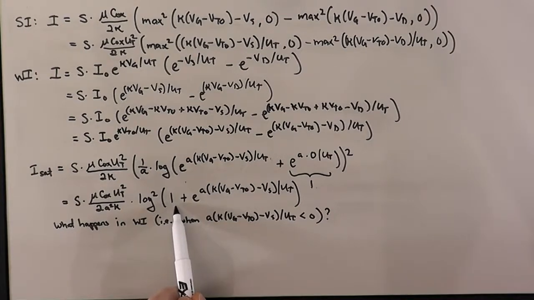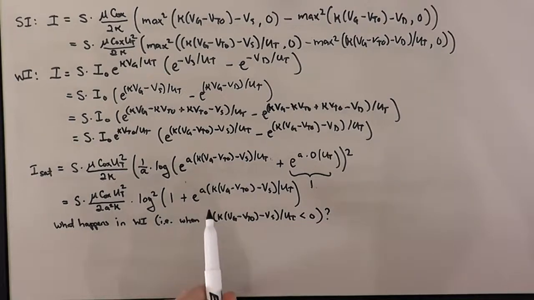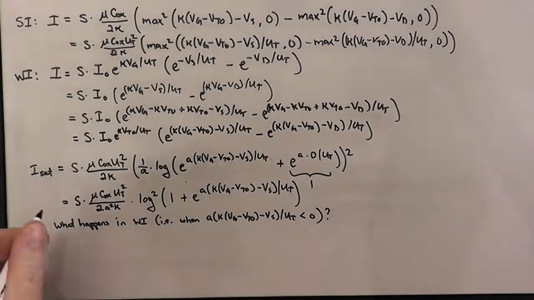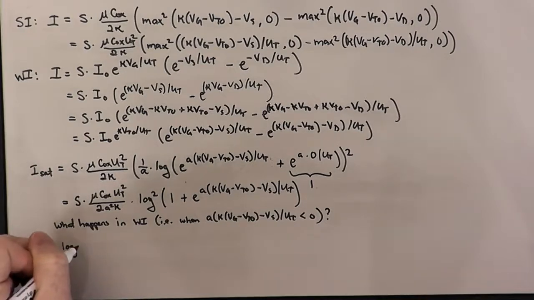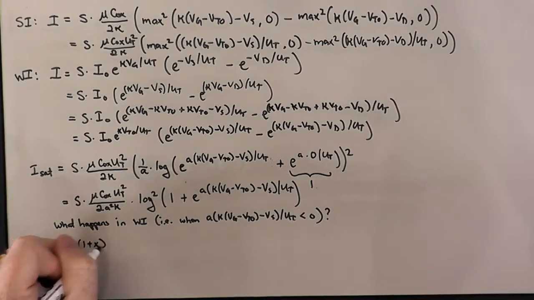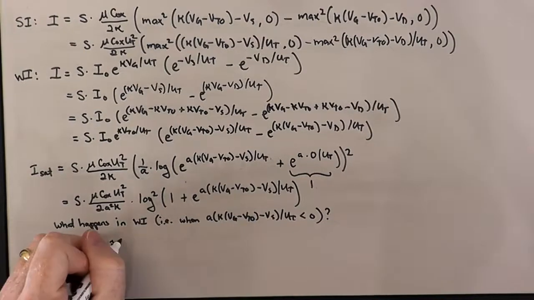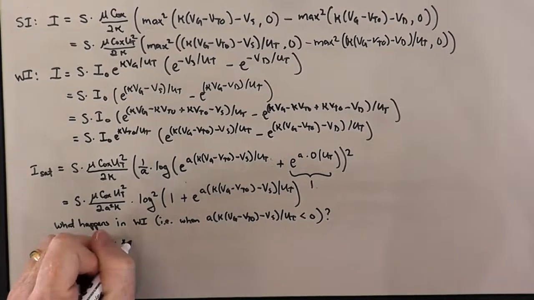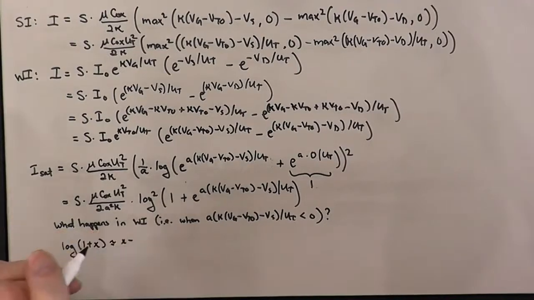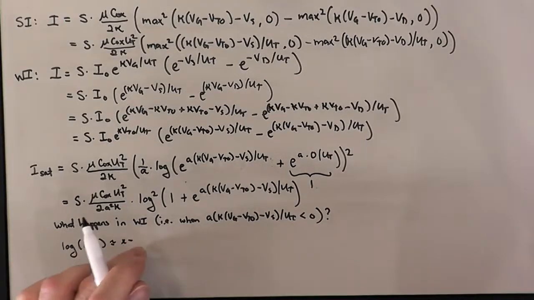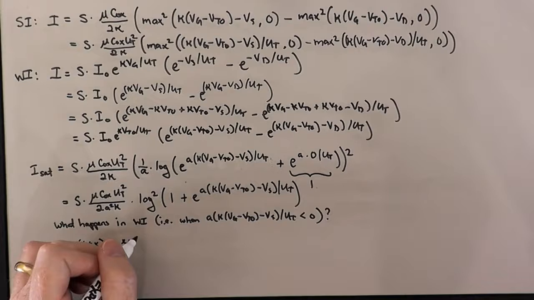So you might think, well, the log of 1 is 0, so it goes to 0. Well, it does, but we can actually do one better than that. When you took calculus, you may have been exposed to the Maclaurin series for log of 1 plus x as basically something like x minus, I forget exactly what the series is, it's like x minus x squared plus x cubed or something like that.